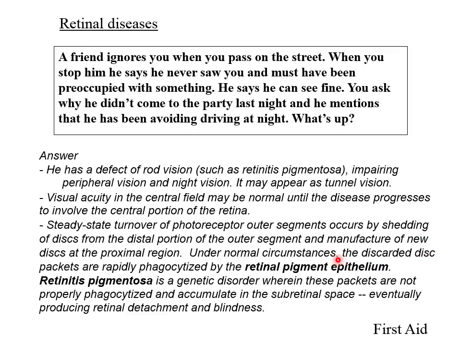Under normal circumstances, the discarded disc packets are readily phagocytized by the retinal pigment epithelium. In retinitis pigmentosa, a genetic disease, those packets of broken up discs are not properly phagocytized and they accumulate in the retinal space. Eventually, they'll produce retinal detachment and blindness.